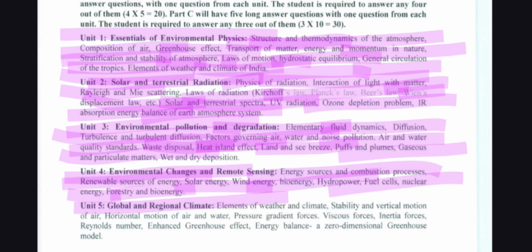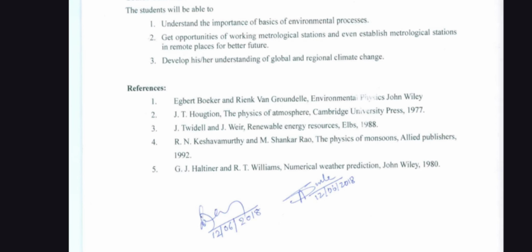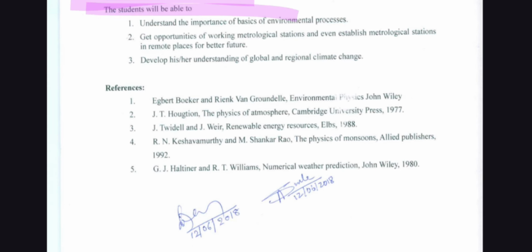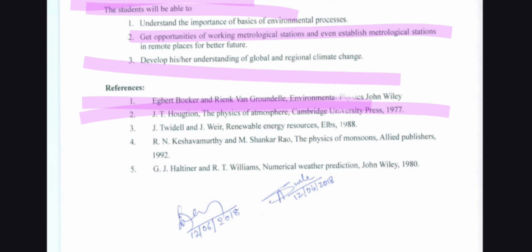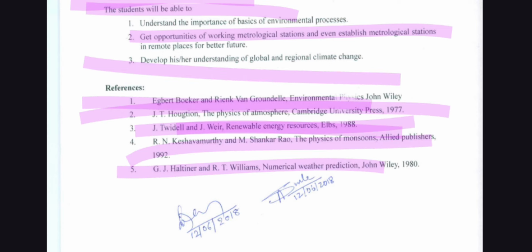So unit 5 is global and regional climate, elements of weather and climate, stability and vertical motions of air, horizontal motions of the air and water, pressure gradient forces, viscous forces, inertia forces, Reynolds number, enhanced greenhouse effect, energy balance, a zero-dimensional greenhouse model. So you see this and also the course outcomes. The student will be able to, you read this, and the reference books are above, you read this.